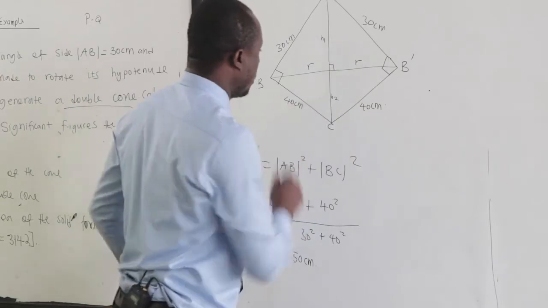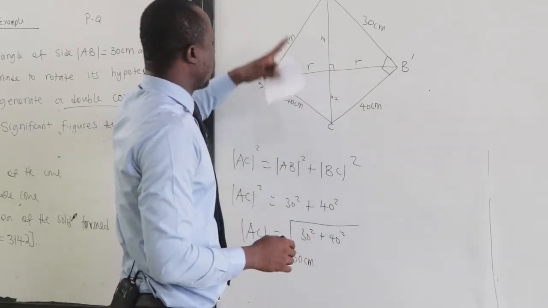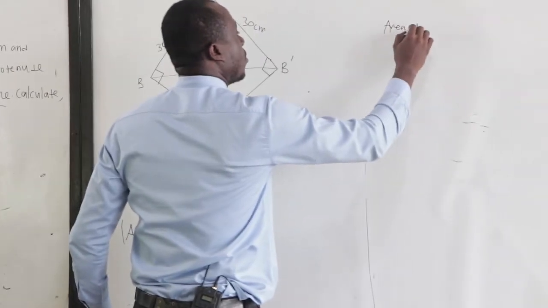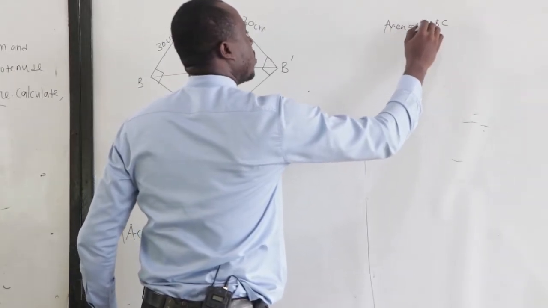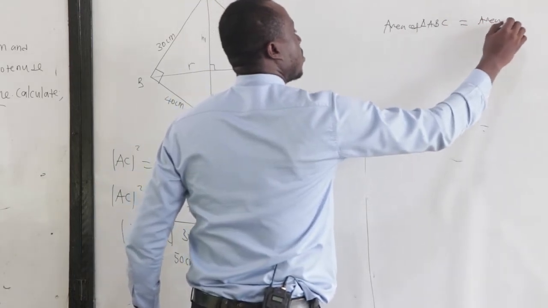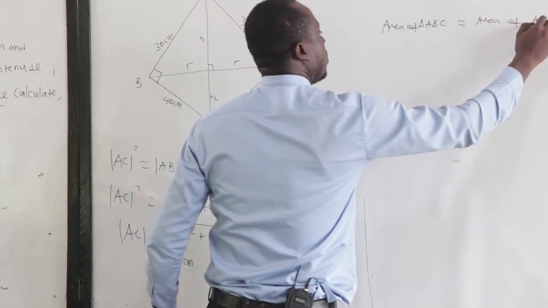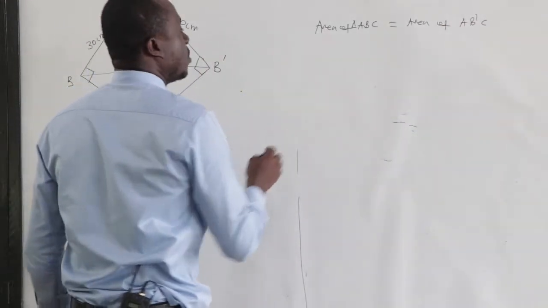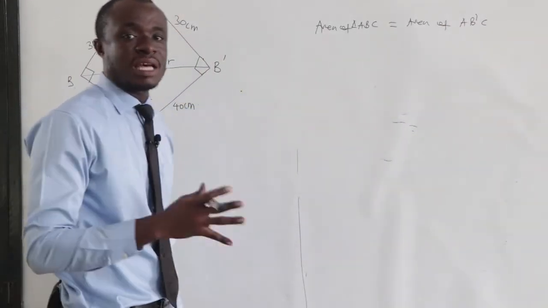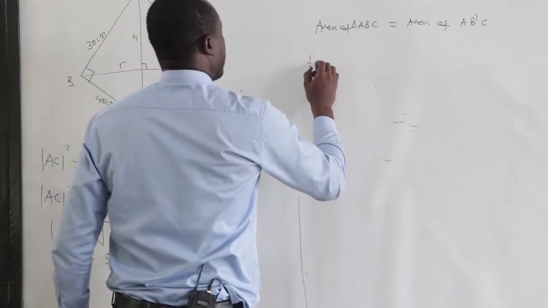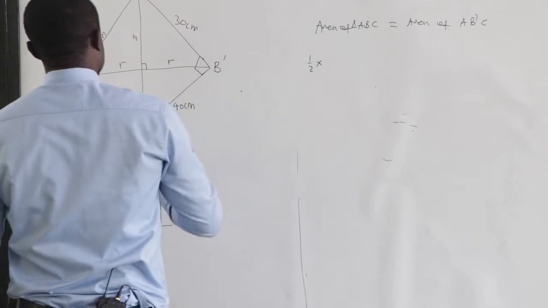Now from here, we can say the area of triangle ABC is the same as the area of triangle AB prime C. Now what is the area of triangle ABC? We know that the area of a triangle is half times base times height. So clearly, half. Now, what is the base?